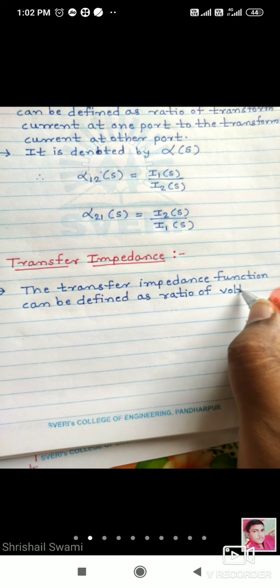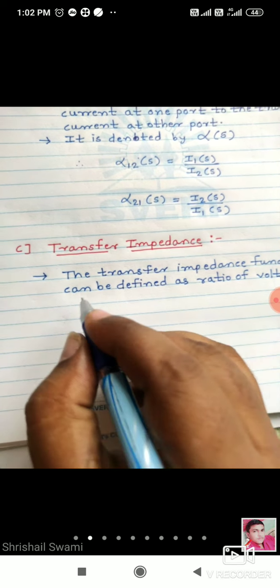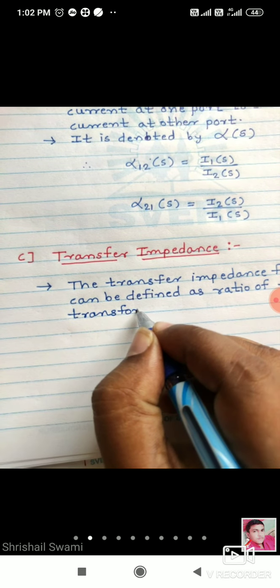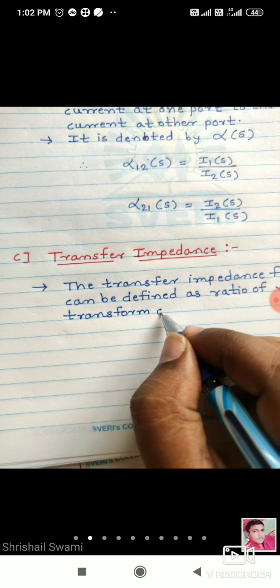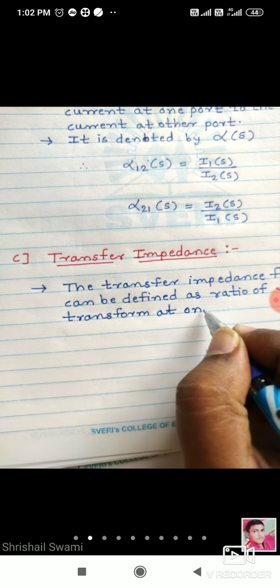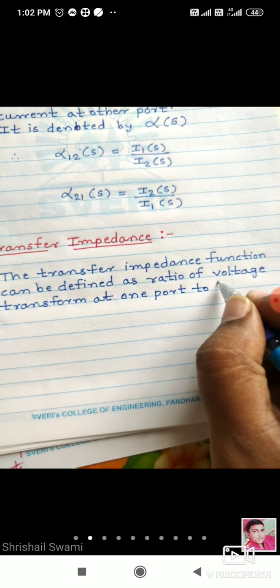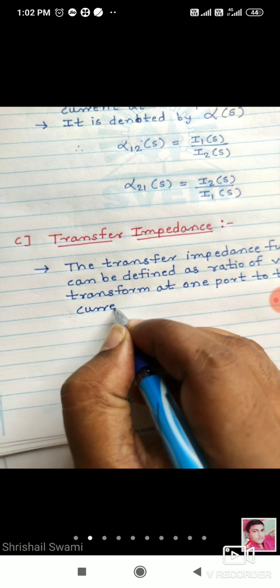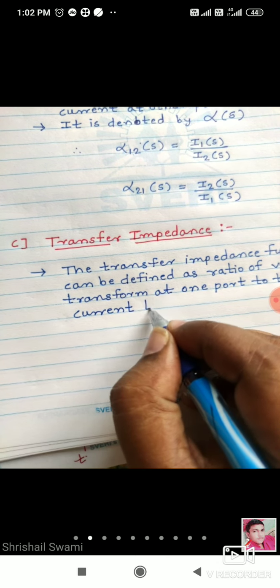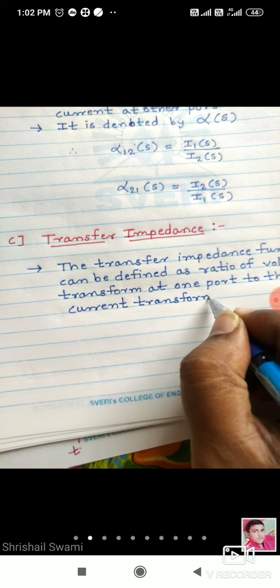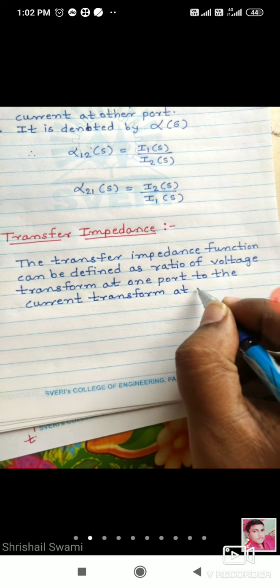voltage transform at one port to the current transform at other port.